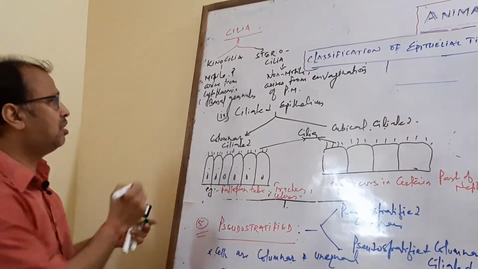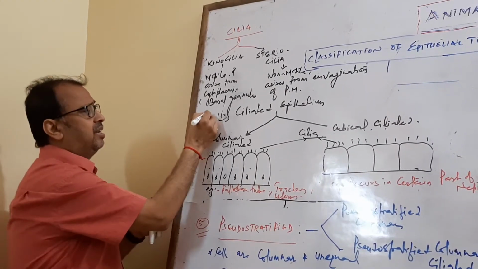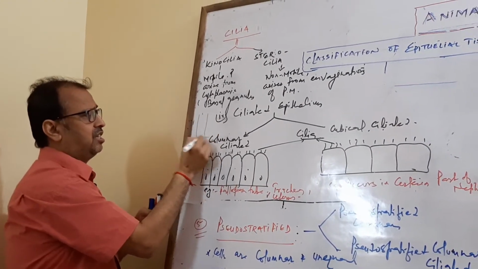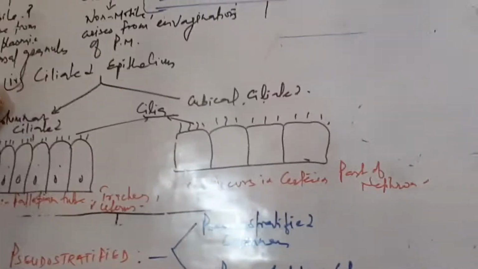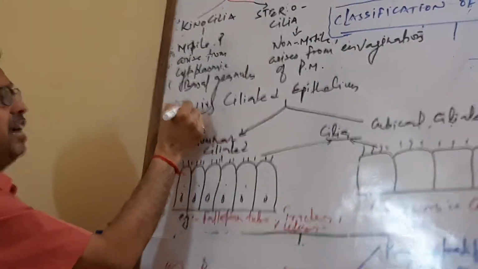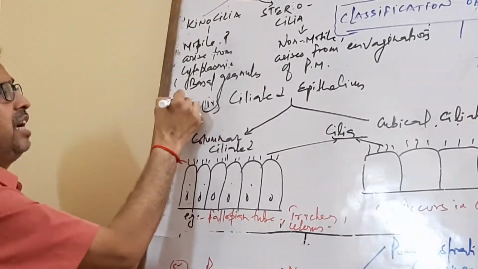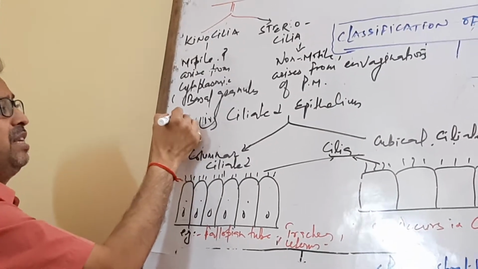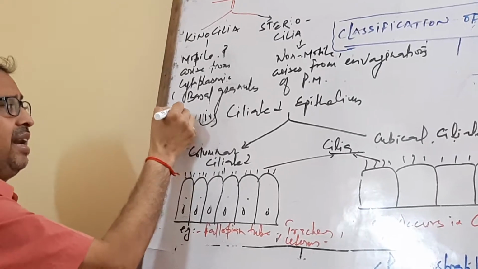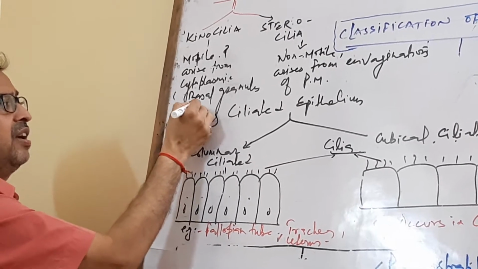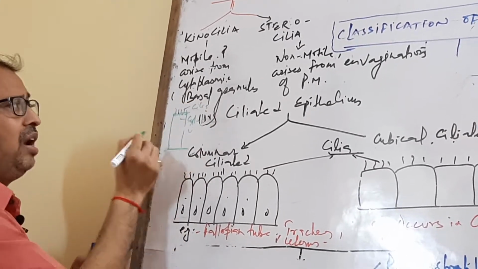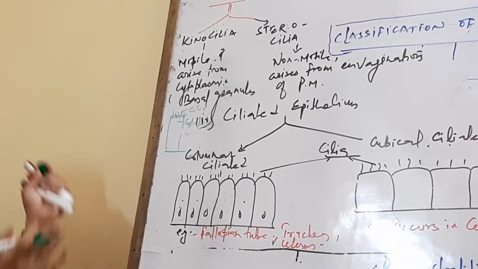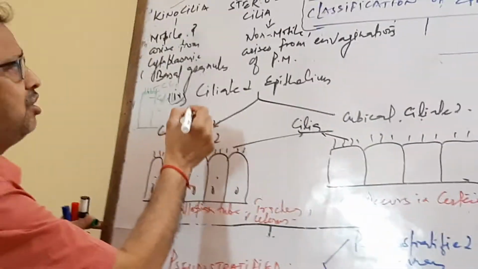Suppose this is the cell layer and this is the cytoplasm; the granules are present here. From the basal granule arises the cilia. This is called kinocilia, and it has movement.